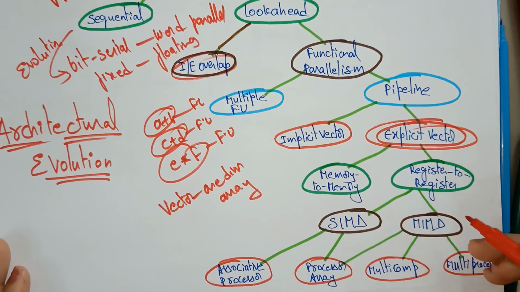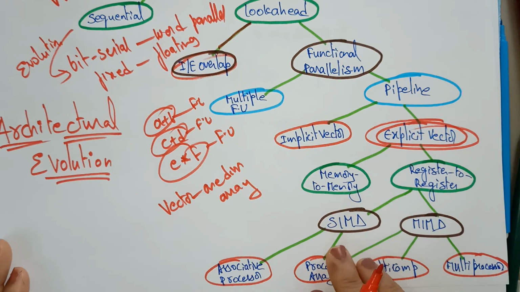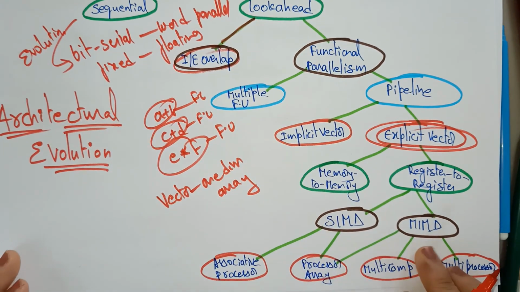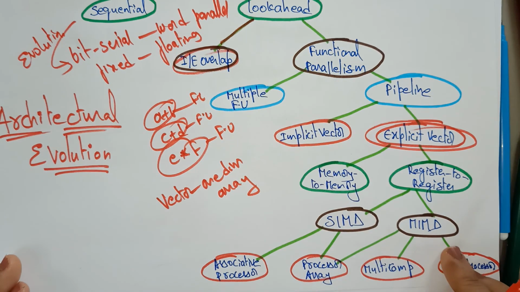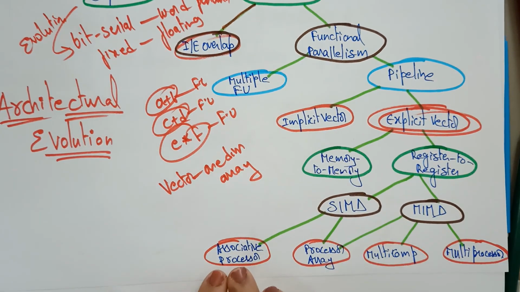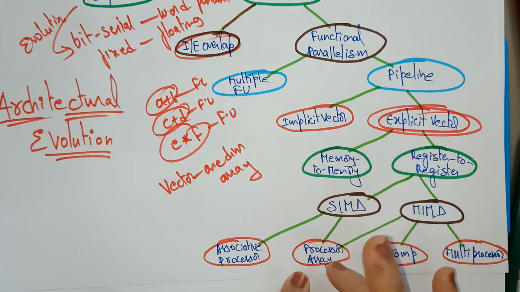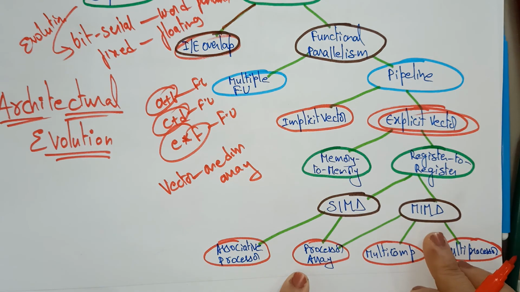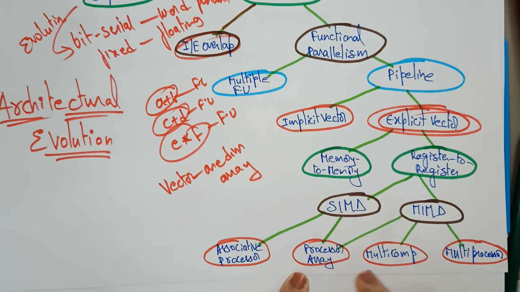Register to register architecture is divided into SIMD and MIMD, single instruction multiple data and multiple instruction multiple data. SIMD can be used in associative processors and processor arrays. MIMD can be used in multicomputers, multiprocessors and processor arrays.